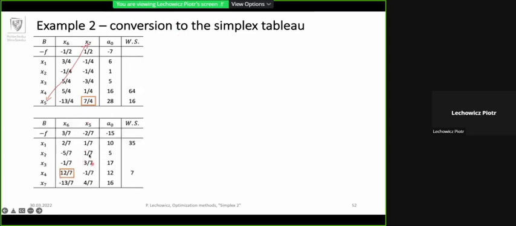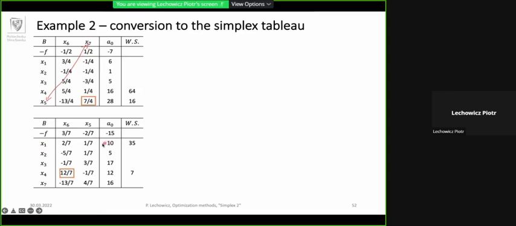So we are computing all the coefficients for all the values, and we again check if there is a reduced cost with positive value. And here we have the reduced cost with positive values. So we are looking for a row with positive coefficient. We have 2 such rows, so we need to compute the simplex condition.